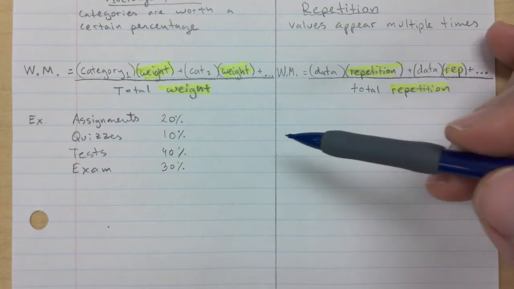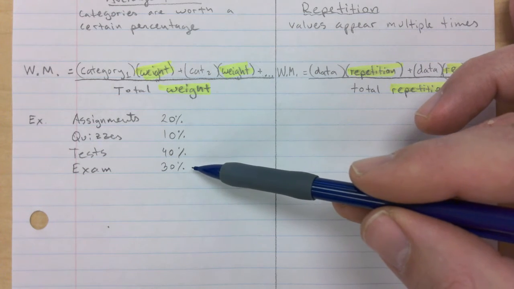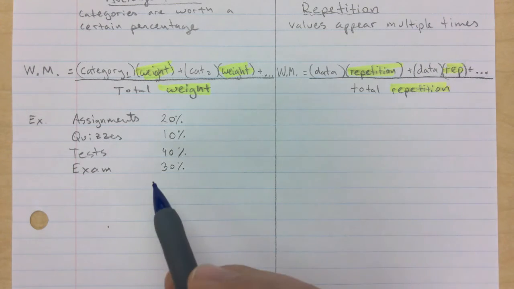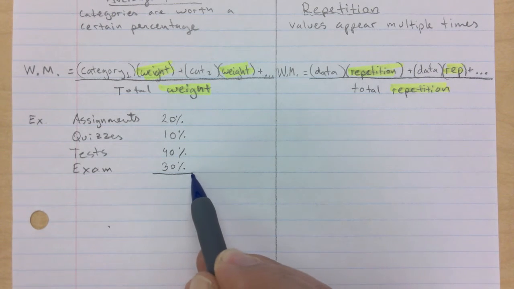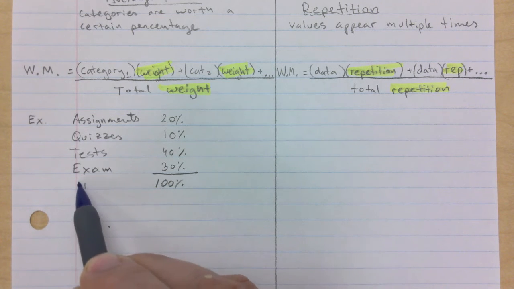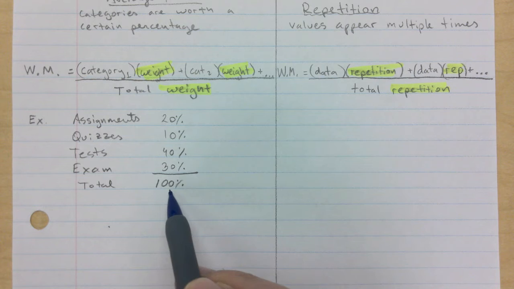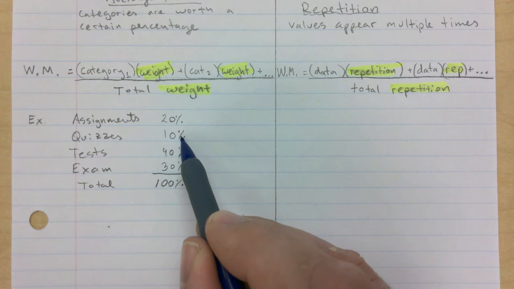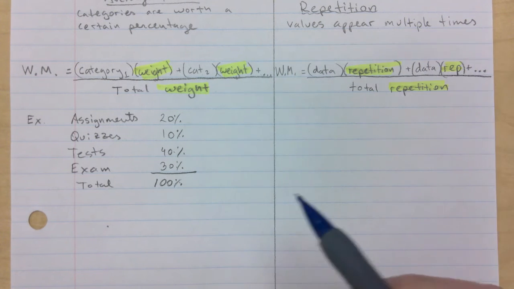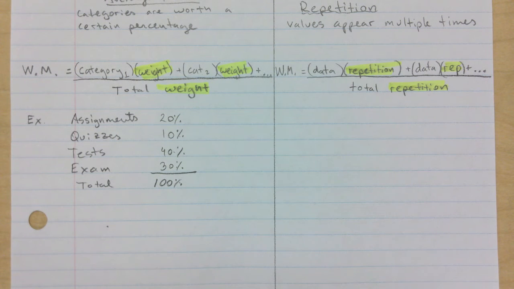Notice that under these circumstances, the total weight is usually 100%. If you add it up, 20 and 10 is 30, another 30 is 60, another 40 is 100. So you'd always want to assume that that's the case.